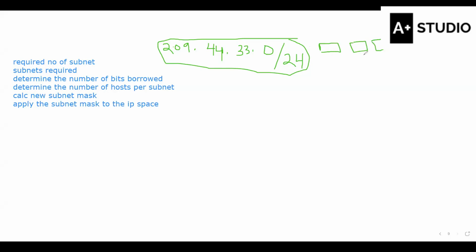It says 24 bits are turned on, which is 1, 2, 3. So they become our network portion.